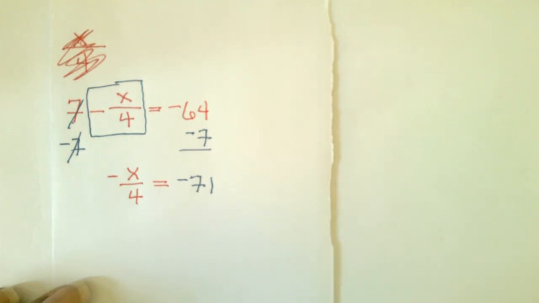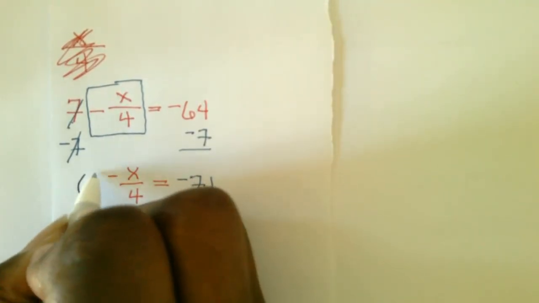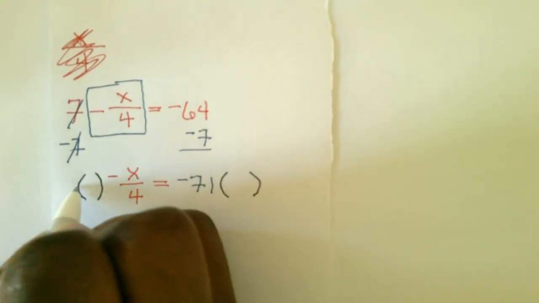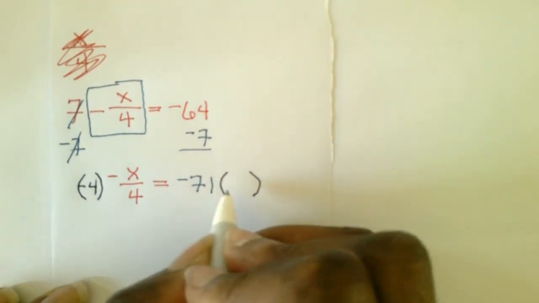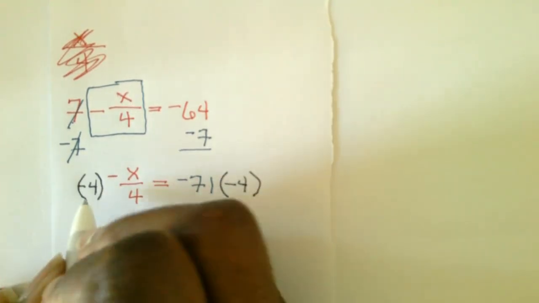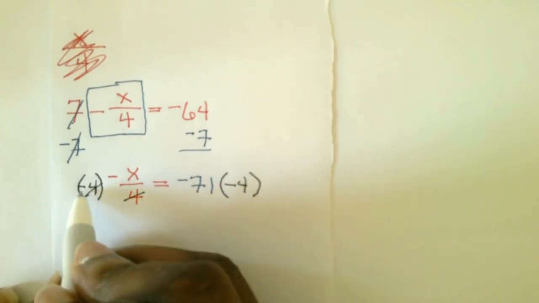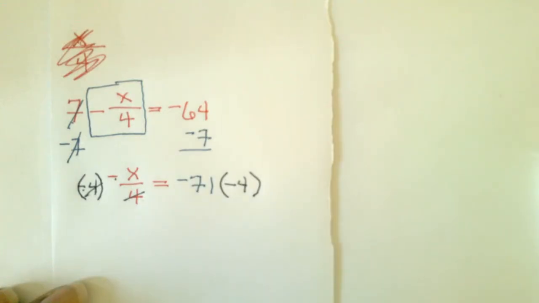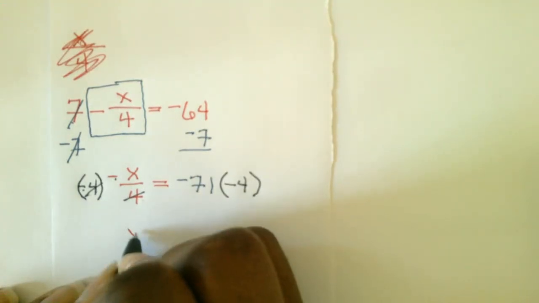What we're doing is we're going to multiply both sides by not just the 4, but a negative 4. So we're going to take care of our 4's because 4 divided by 4 gives me 1. And a negative times a negative makes a positive. So now I can just bring down that nice sweet x.